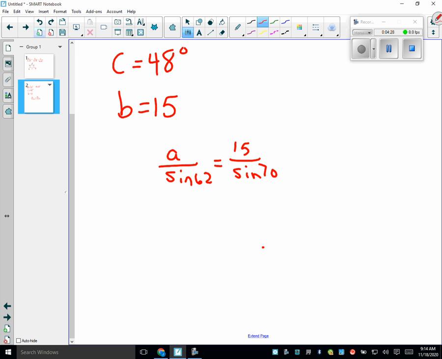How do I solve a proportion? Isn't that a proportion? Two fractions equal? Cross multiply. Right? So a sine of 70 equals 15 sine of 62. Is that right? What am I dividing by?